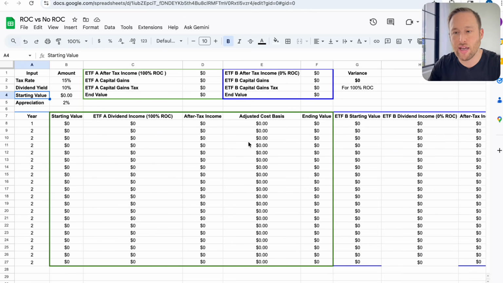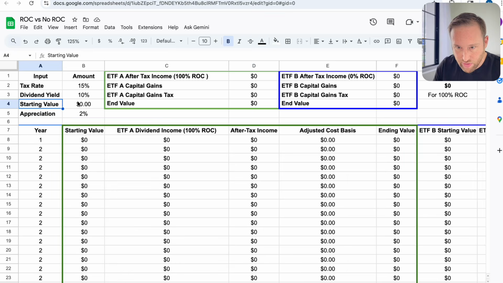And we will visualize that right now to make it even clearer. We have this calculator I've built, and some simple inputs that we will inject. Our ordinary tax rate is going to be 15%. Our expected dividend yield is 10%.